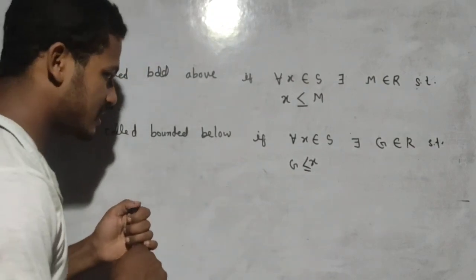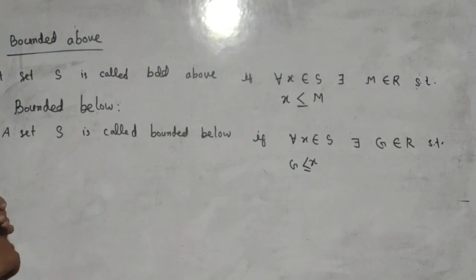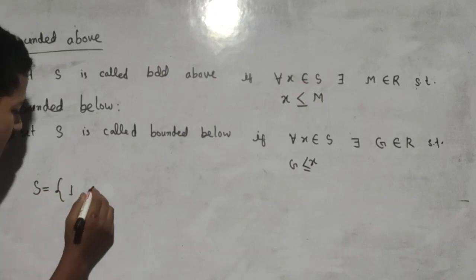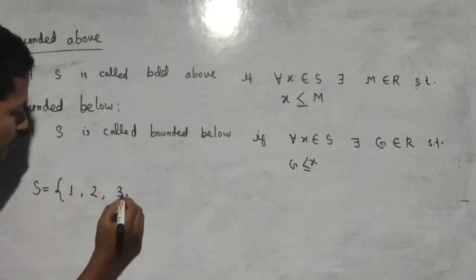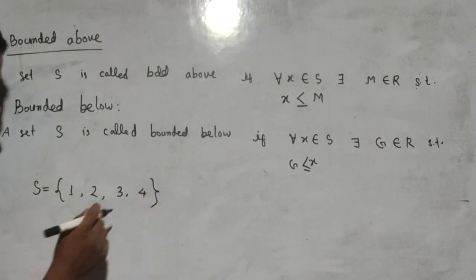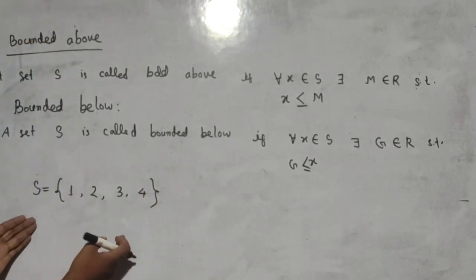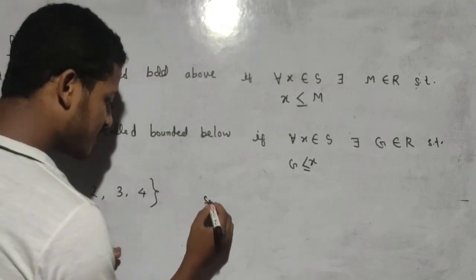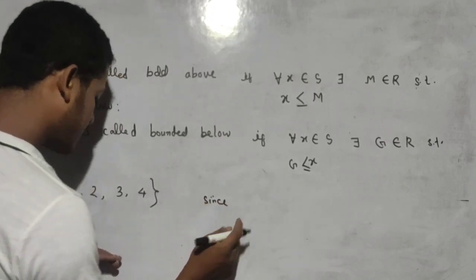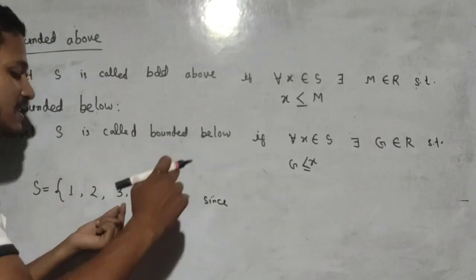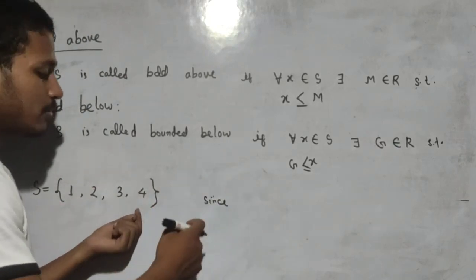Now let us see an example. S is equal to {1, 2, 3, 4}. This is a set. Now see, 1 is less than 4, 2 is less than 4, 3 is less than 4, 4 is equal to 4.